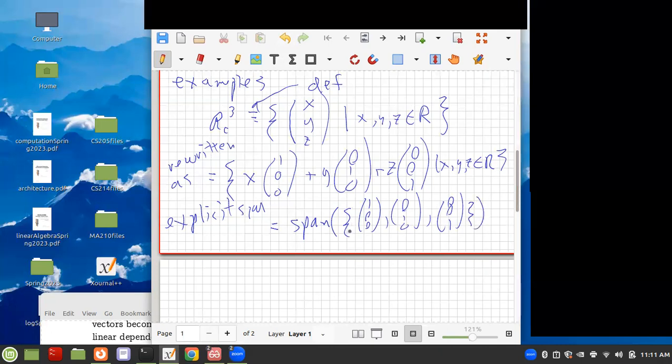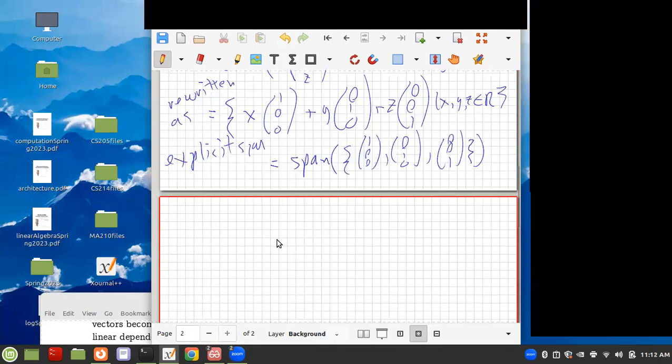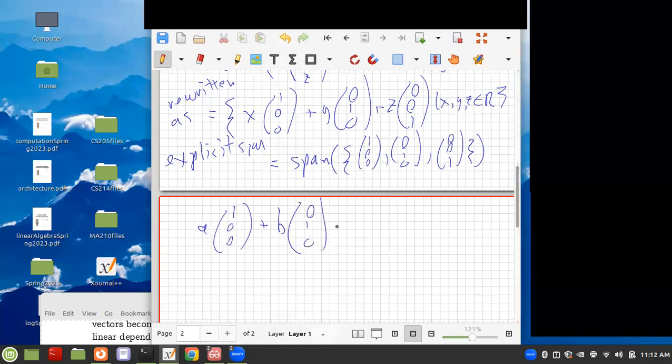Okay, so it's clear that these 3 vectors are linearly independent, right? Because my test for linear independence says I take a linear combination of these, and set it to the 0 vector.